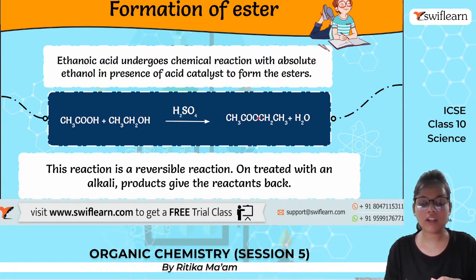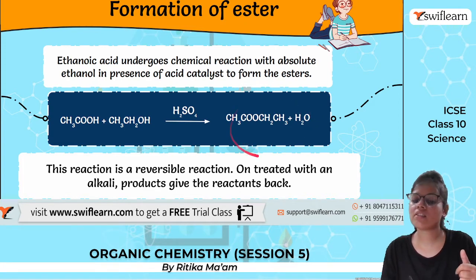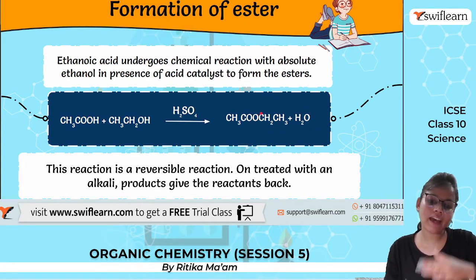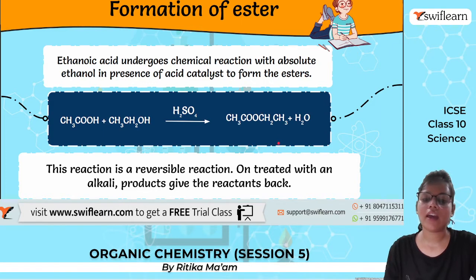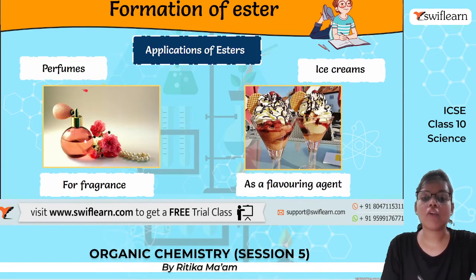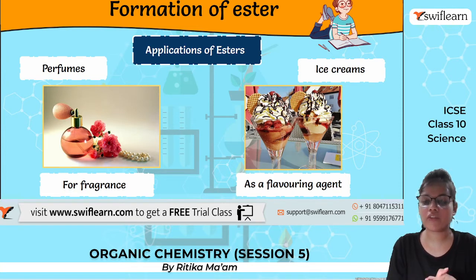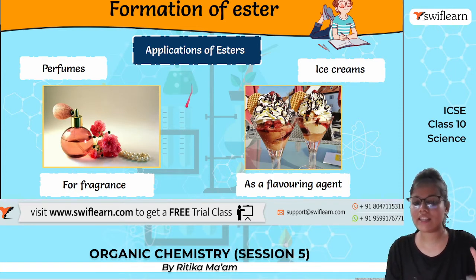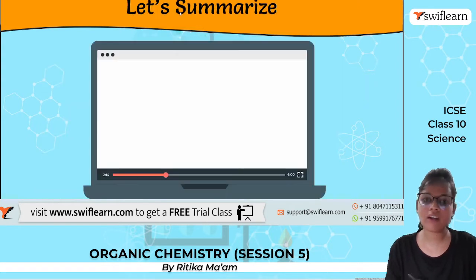Now this particular reaction is a reversible reaction, okay. So if we treat this ester with alkali, it will again give us the alcohol and the acid. Application of ester: it is used in perfumes for fragrance, and it is used in ice creams to give a kind of flavor.